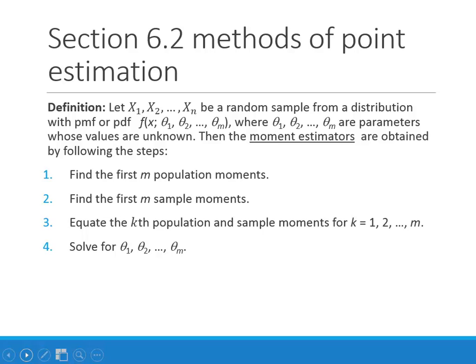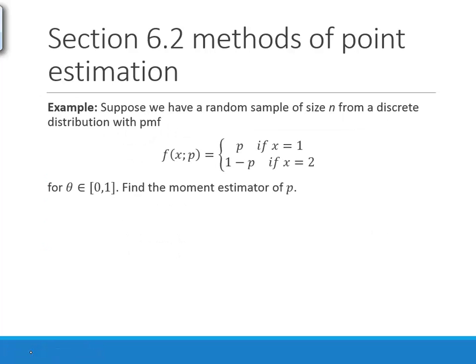We'll look at some different examples of this. I think it's best illustrated through an example, so starting out very simple. Let's say we have a random sample, the usual setup, x1 up to xn, from this discrete distribution.